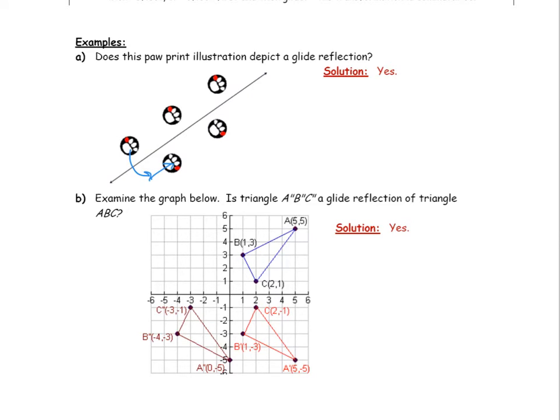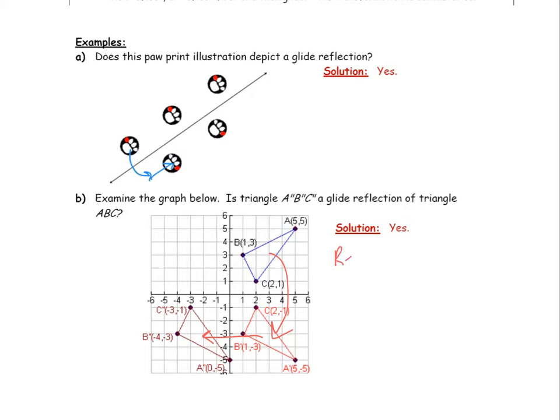To go from triangle A, B, C to triangle A prime, B prime, C prime, it looks like we're doing a reflection across the x-axis. And then we're taking that image and getting the double prime image by sliding over to the left.